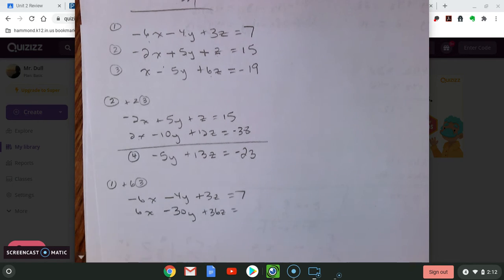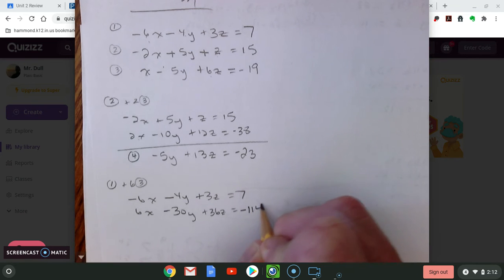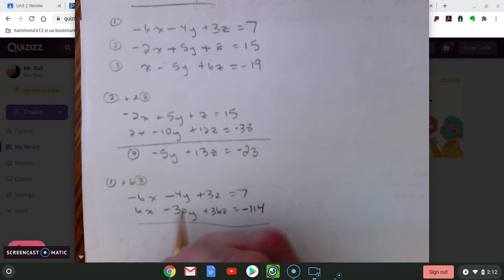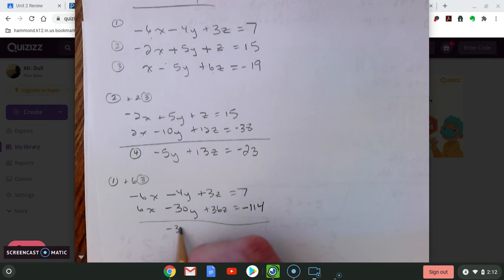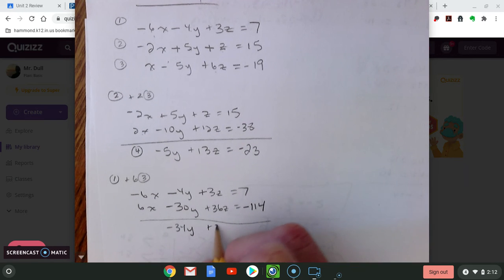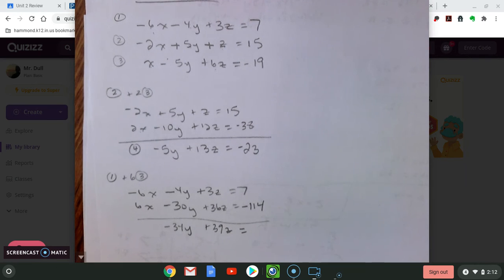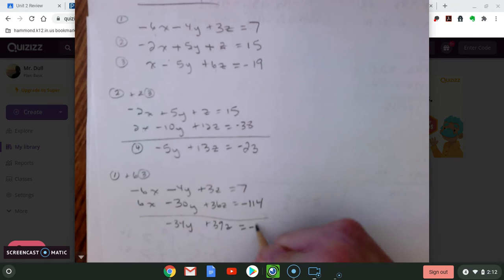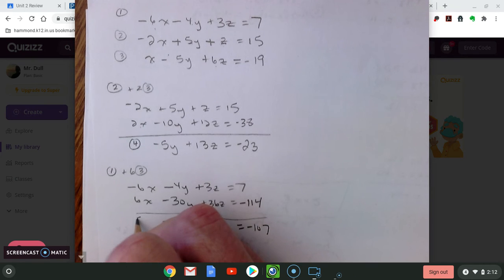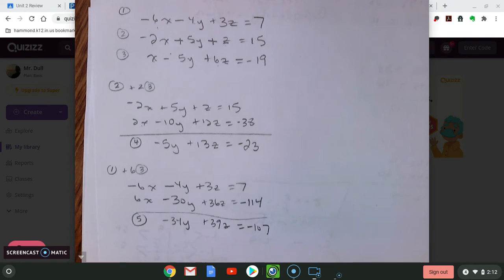Go to your calculator for that one, right? Negative 114. So we add these together. This goes to 0. Negative 34y plus 39z equals negative 107. And that's my equation 5.